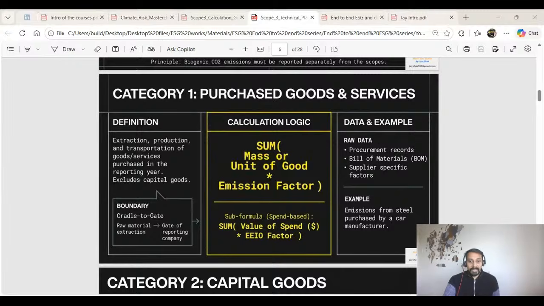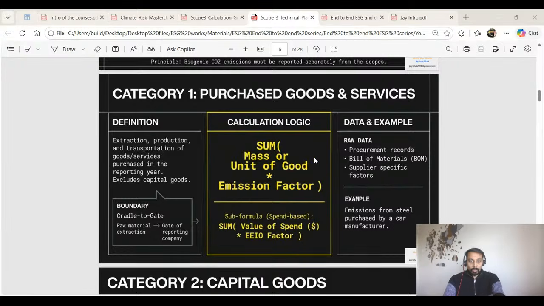So this is a primary calculation approach that can be done through the quantity-based emission factor, or you can also calculate through the spend-based emissions factor. In the quantity approach, you can see the formula in the yellow part.